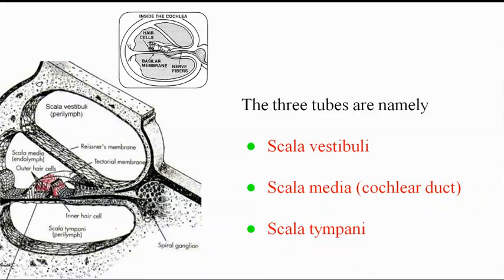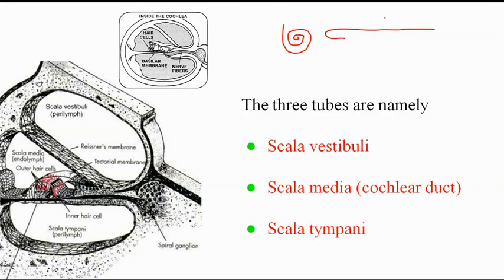When you take the section of this cochlea, remember that when a spring is uncoiled, it becomes a lengthy tubular structure. For example, if it is coiled like this and you uncoil it, it seems to be a tube like this.